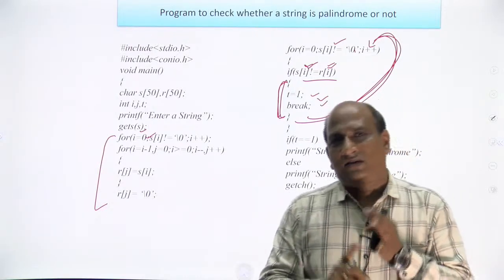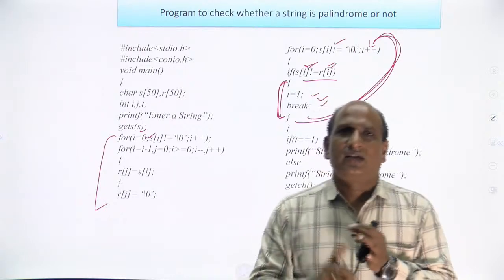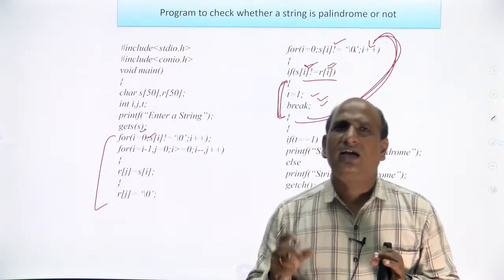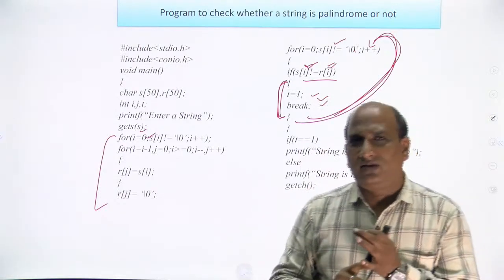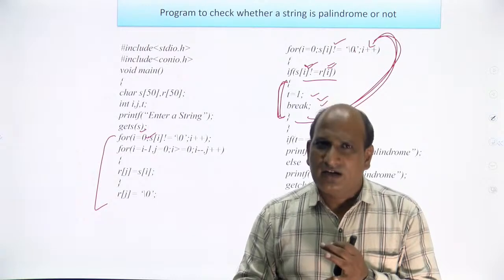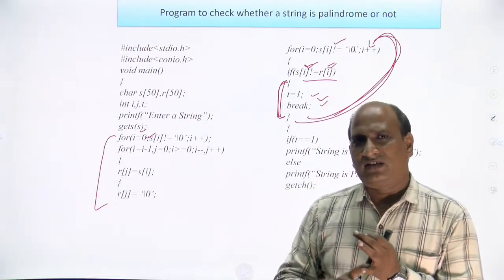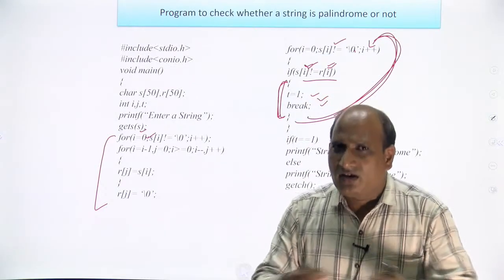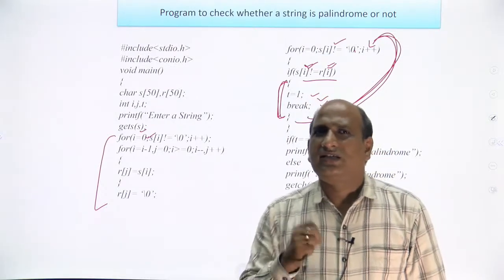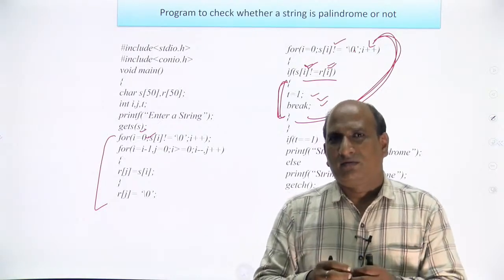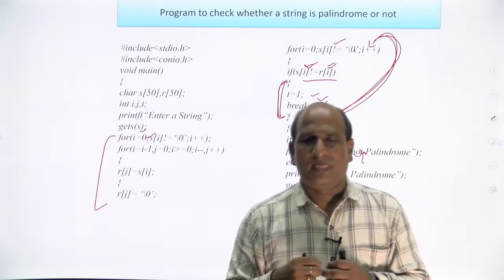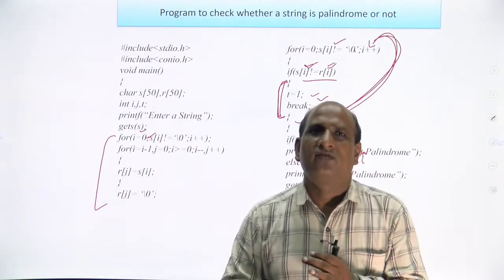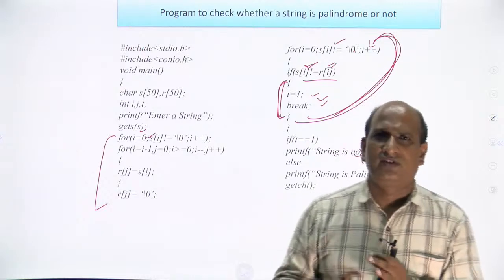I am summarizing this. I have told what a string is. A string in C is an array of characters, and for taking input we may use the scanf function or gets function or getchar function, primarily gets and scanf. Scanf cannot read a string that contains space, so the gets function is preferred, and for printing the string you use the printf function or puts function, any of them may be used.